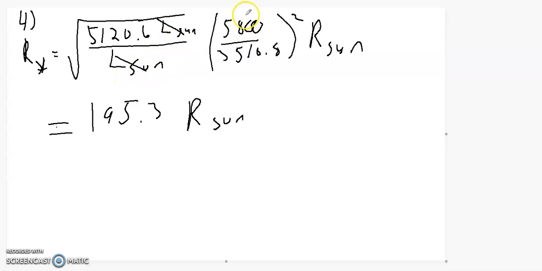So that cancels. There's the temperature of our sun, there's the temperature of the protostar. You square that fraction, and anyhow, you get 193.3 times the size of our sun. So in Blackboard, it says to round to 1 place past the decimal, so 195.3. All right, so that's problem number 4.